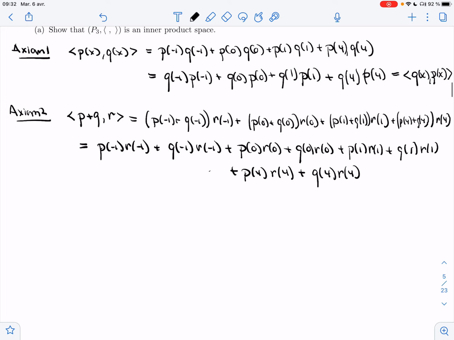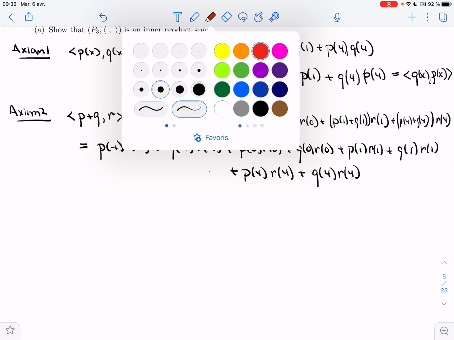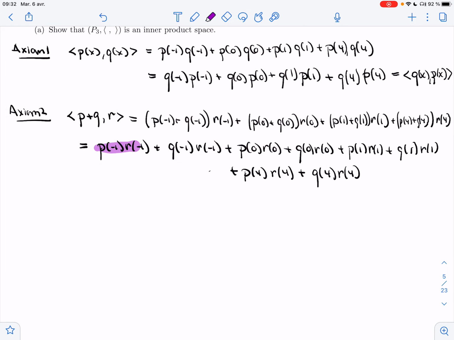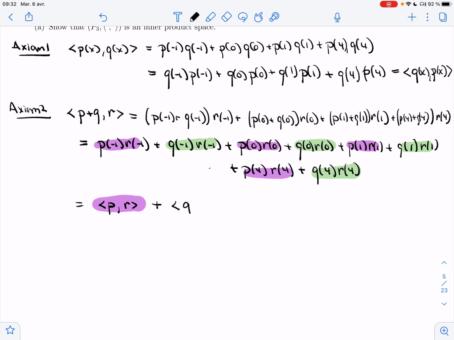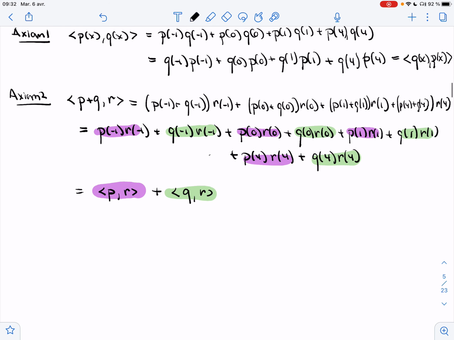All right, so what do I have? If I look at the P terms, those 4 together are going to give me PR, and then the remaining 4 are exactly what I need to get QR. So nothing deep really, it's just using the distributive property on real numbers.